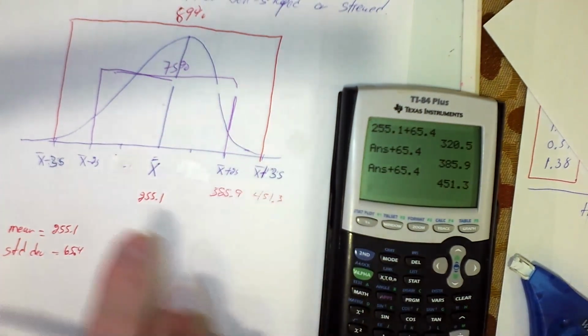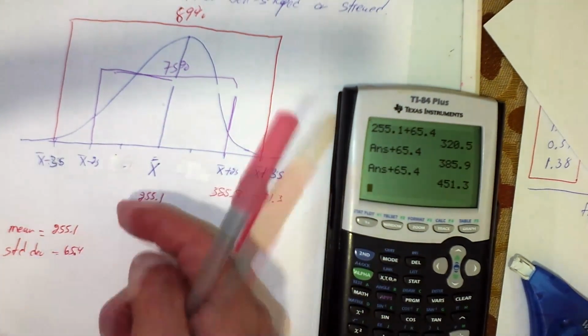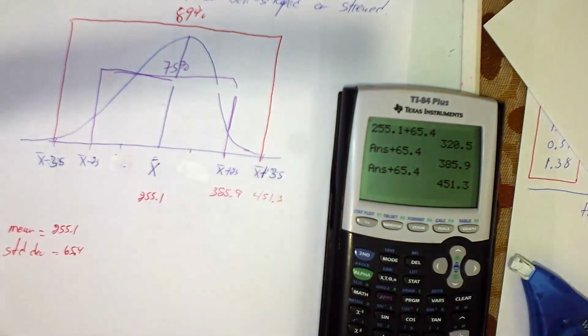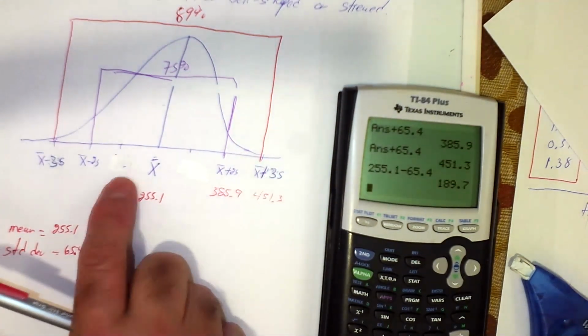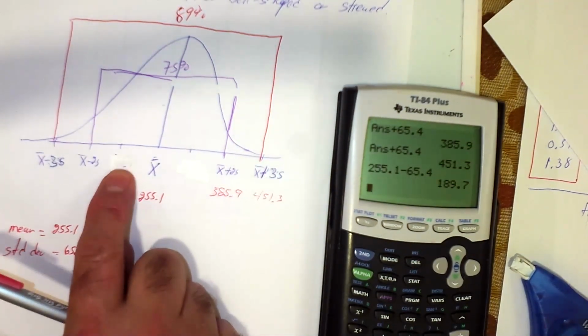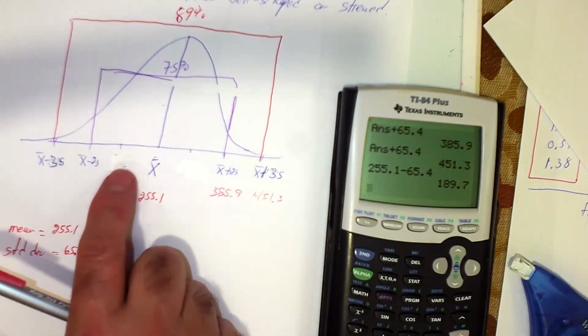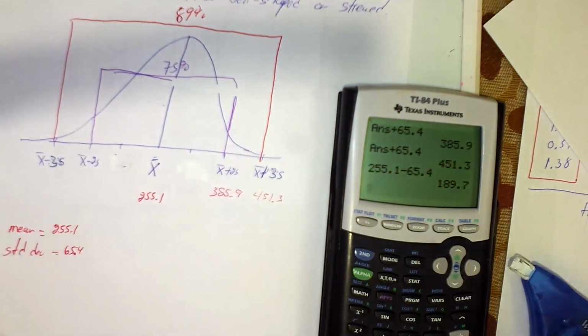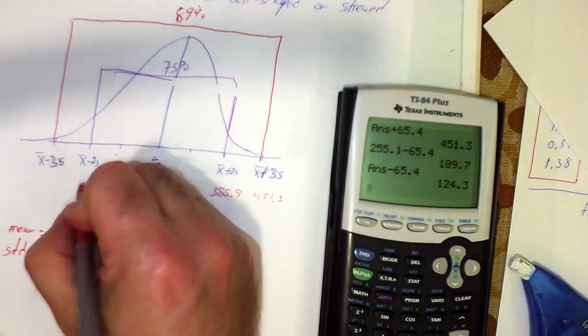I did it. Okay, now when you go left, you got to subtract. So 255.1, I'm going to subtract 65.4, but it's supposed to be 189.7, but he says skip it, delete it, right? And then I'm going to subtract another 65.4, and that one I'm going to record.